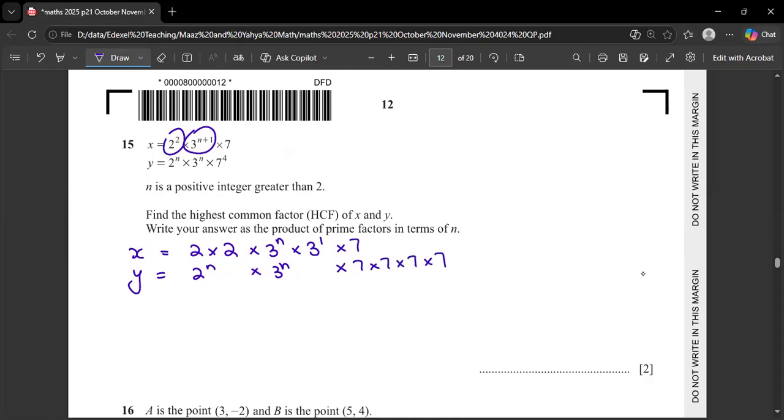Okay. So remember, for HCF, we have to take the least power. Clear? So what numbers are common here?